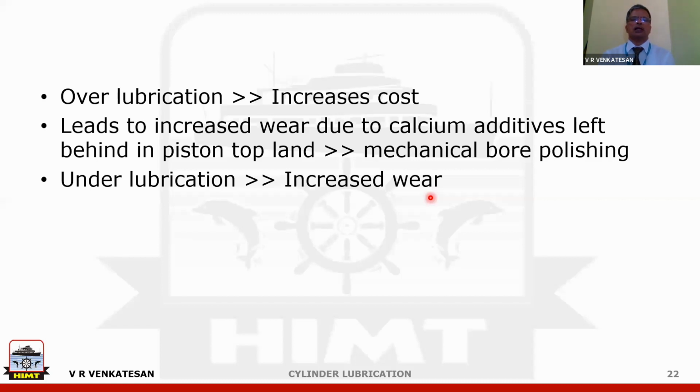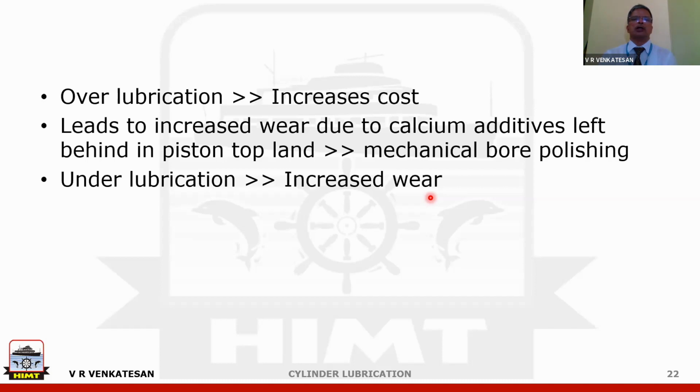Now you can understand, if you go back to the Stribeck curve, why during maneuvering lube oil has to be increased. It is because you are stopping and then starting again and operating at low speeds. So cylinder lubrication will not be so good. That is the reason we are increasing the quantity.